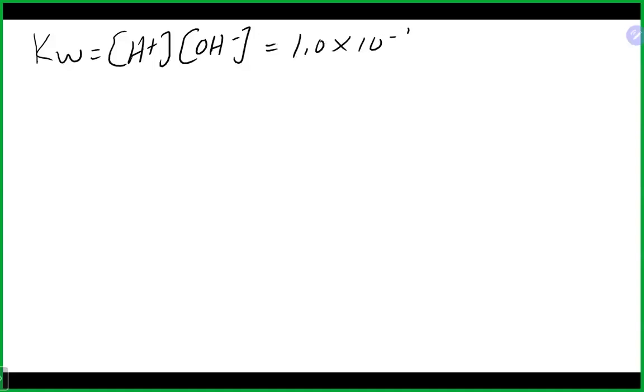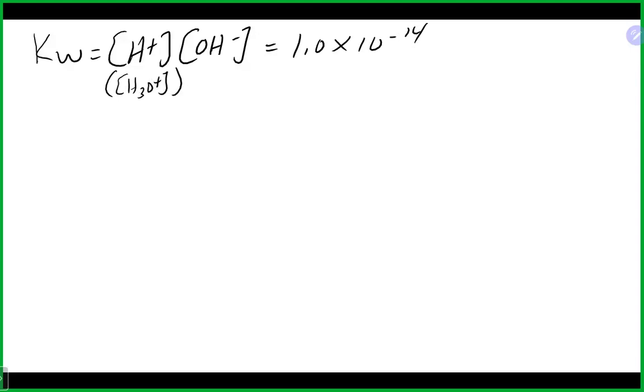We talked about some relationships for figuring out if a solution is acidic, basic, or neutral. The first major one was Kw, and that is the concentration of H plus times the concentration of OH minus, and that equals 1 times 10 to the minus 14. Remember, you could use H3O plus here instead.